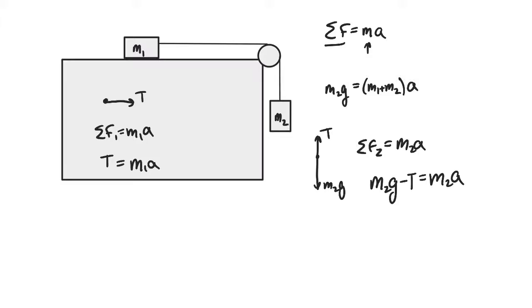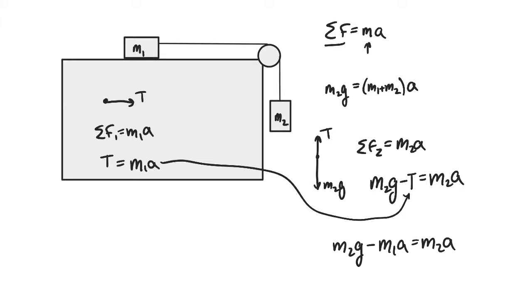You guys all see it? So all of a sudden you've got M2G minus M1A equals M2A. And before you know it, you have exactly what we said before. It has to work out this way. It has to be the unbalanced force equals the inertia times the acceleration.